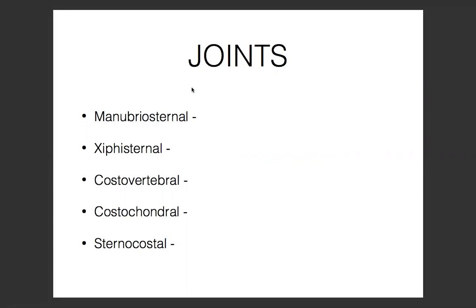So what about the manubriosternal joint? The manubriosternal joint is secondary cartilaginous. And the xiphosternal joint is also secondary cartilaginous. However, in old age, above the age of 40, it becomes primary cartilaginous.